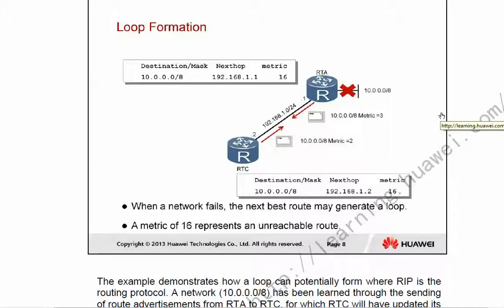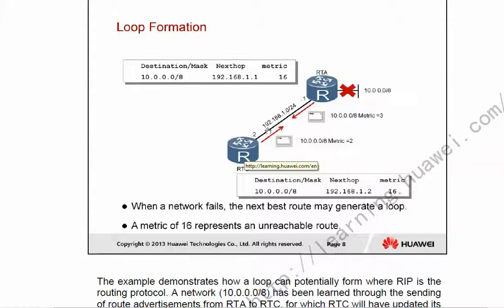How the loop happens. In this case, routers A and C connect to each other. Router A advertises 10.0.0.0/8 to C. But when this network fails, the next best route, which is C, will send an advertisement to A and tell A, I know how to get to 10.0.0.0/8 with metric equal to 2.